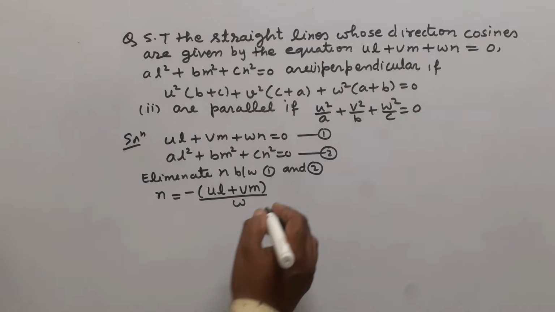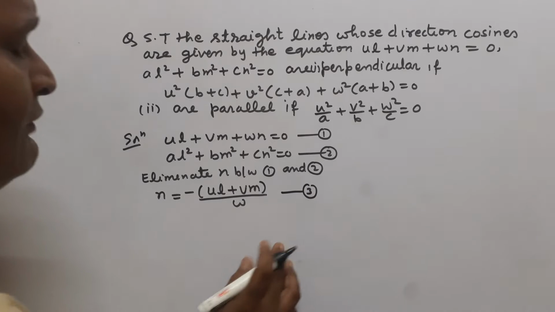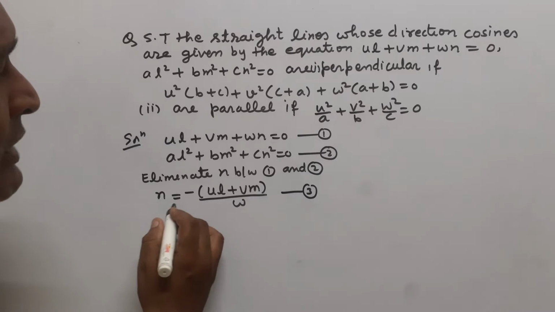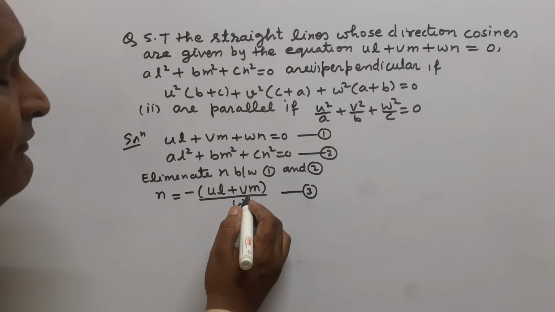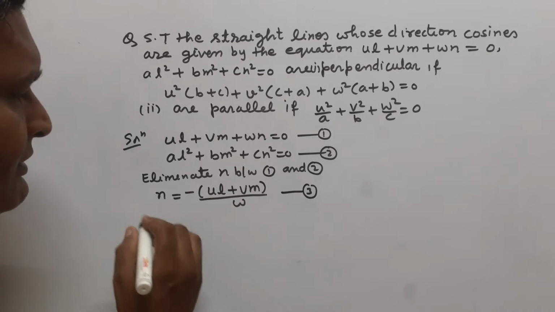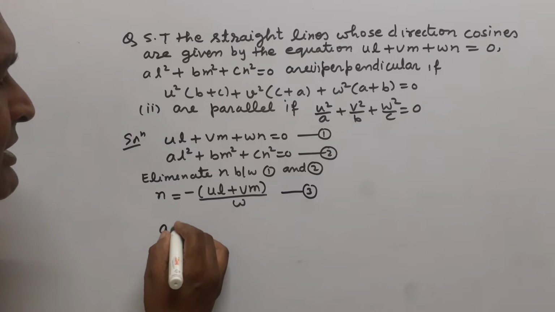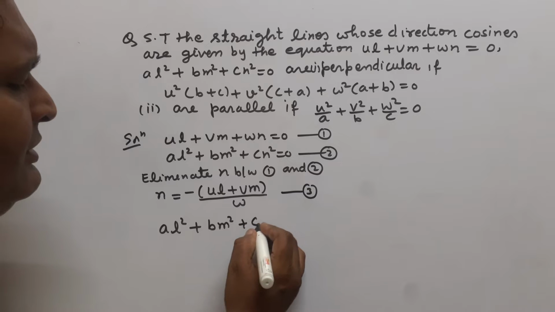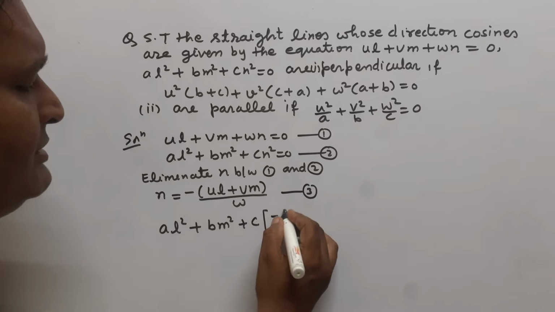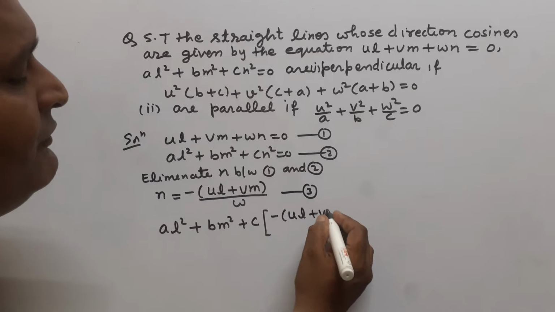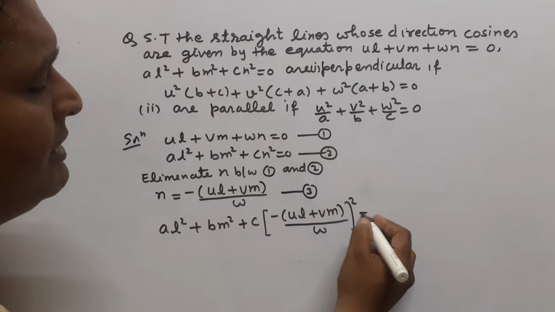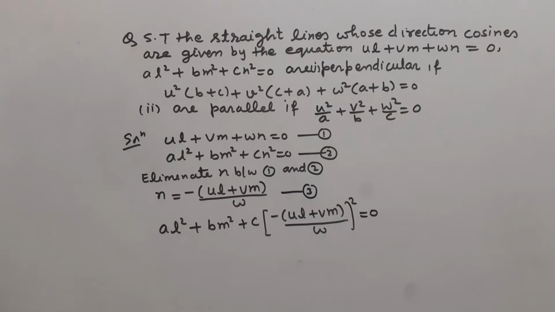This is the third equation. Now we eliminate n between second and third. So we put here the value of n in equation second. So this can be written as al² + bm² + c times (minus (ul + vm) divided by w) whole square equal to 0.